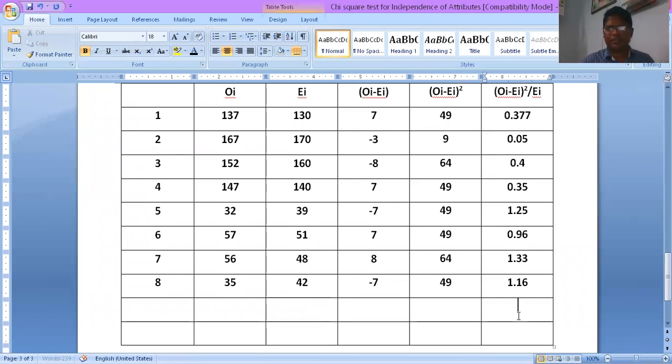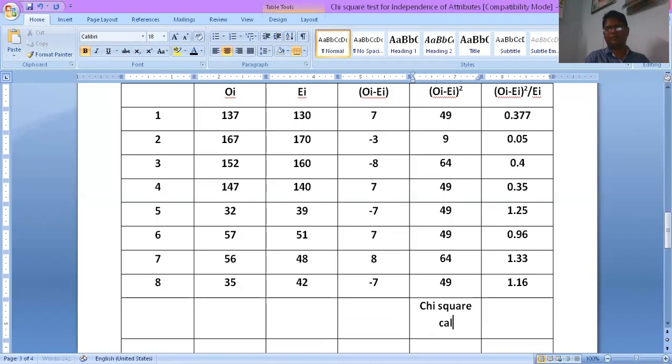Okay, let's just sum up all these values. Sum of all these values, we will get the total chi-square value, that is 0.377 plus 0.05 plus 0.4 plus 0.35 plus 1.25 plus 0.96 plus 1.33 plus 1.16.